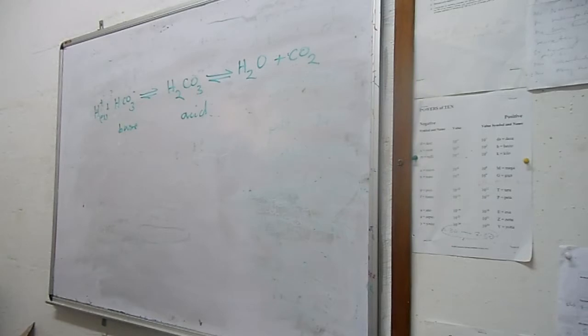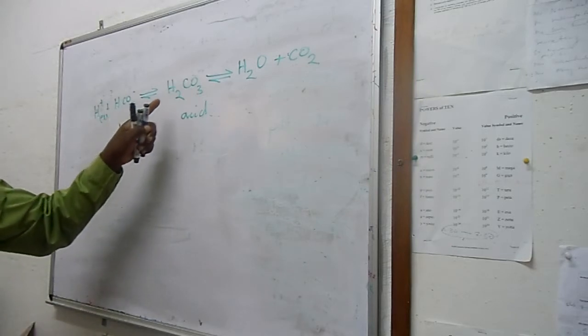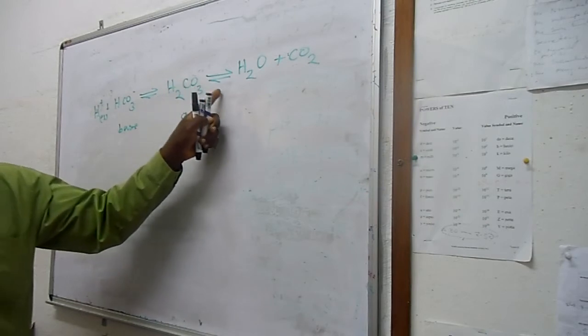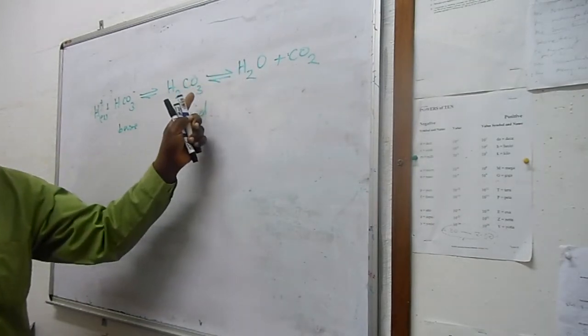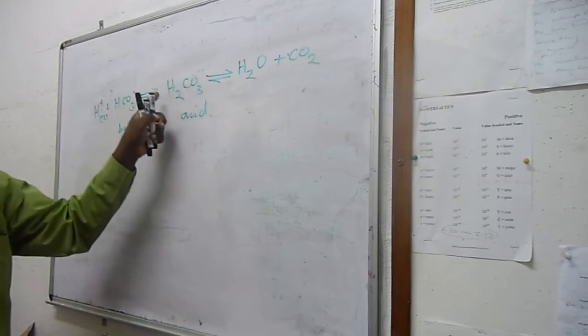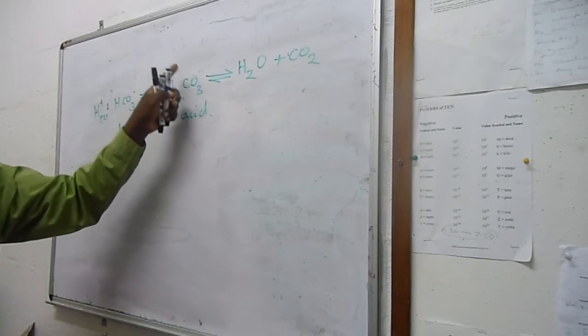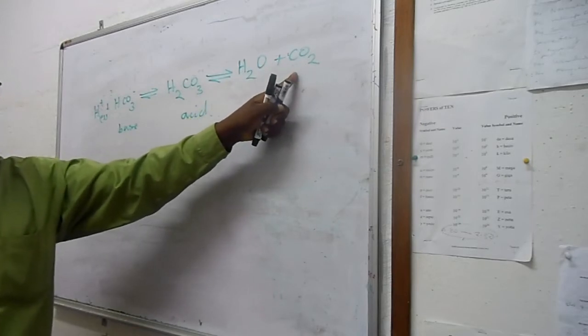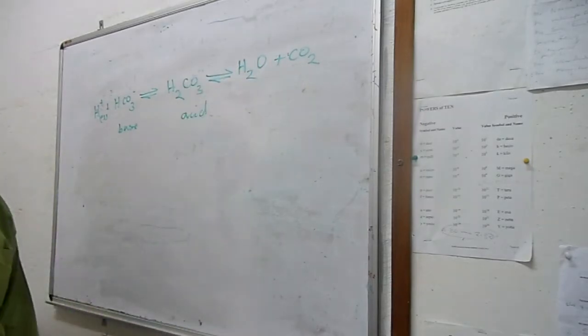However, we know that the carbonic acid can equilibrate with carbon dioxide. So the concentration of carbonic acid can be given by the partial pressure of carbon dioxide in our blood.